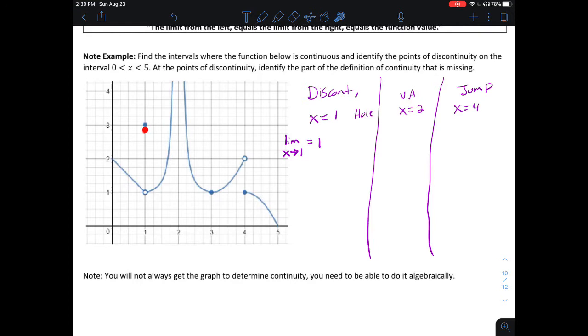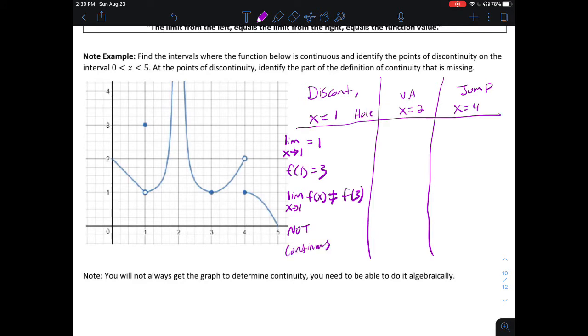And the function is defined at 1 at a y value of 3, so f of 1 is equal to 3. The reason why it is not continuous is because the limit as x approaches 1 for f of x is not equal to f of 1. So therefore, not continuous.